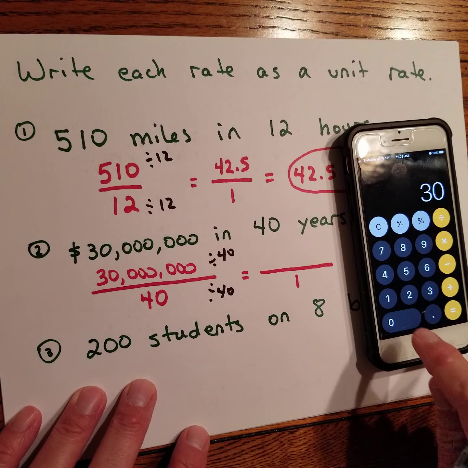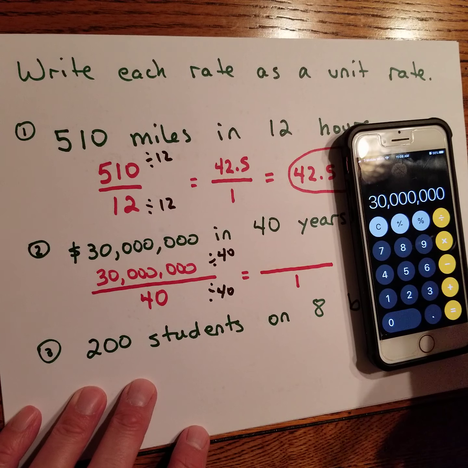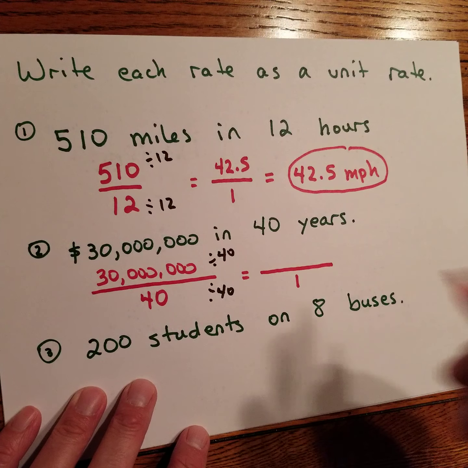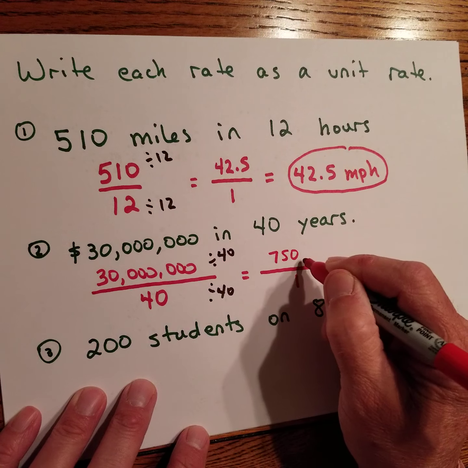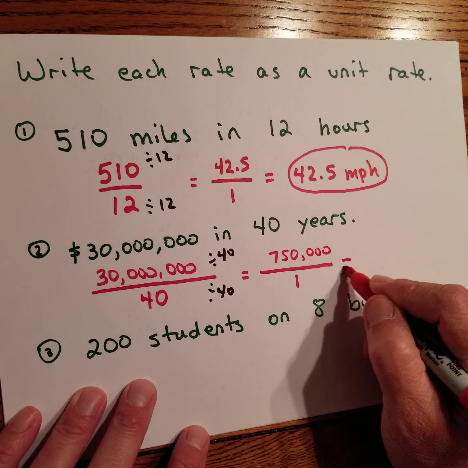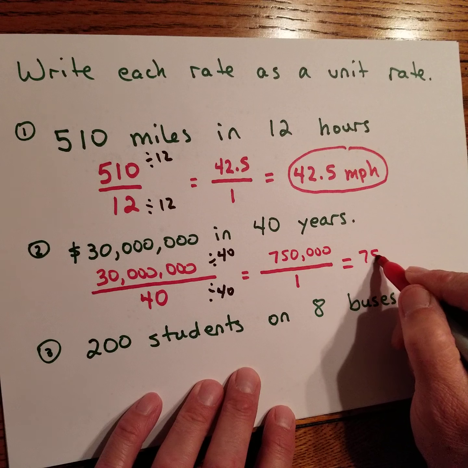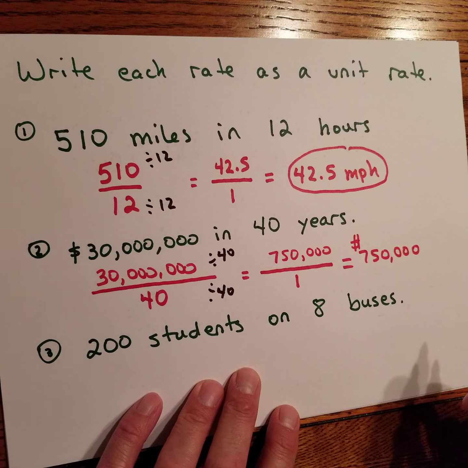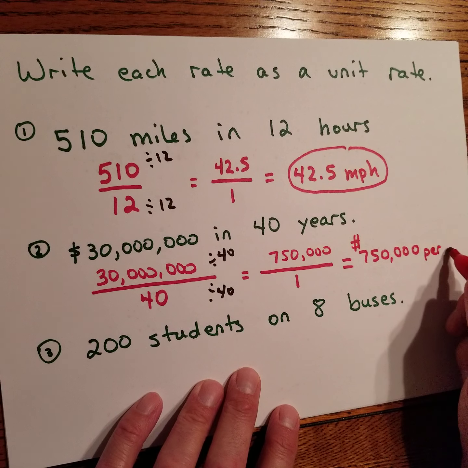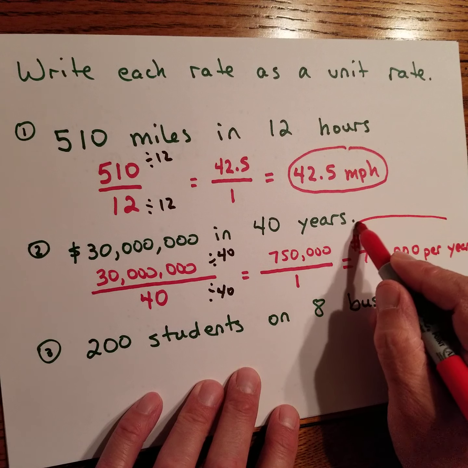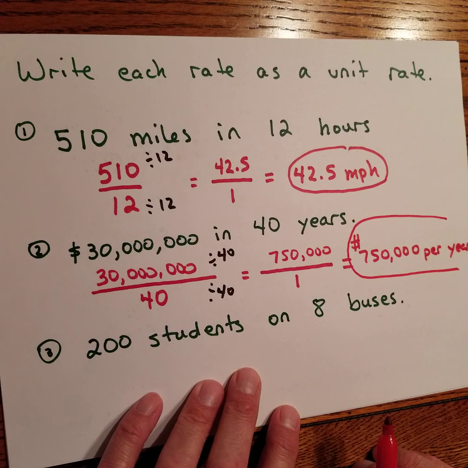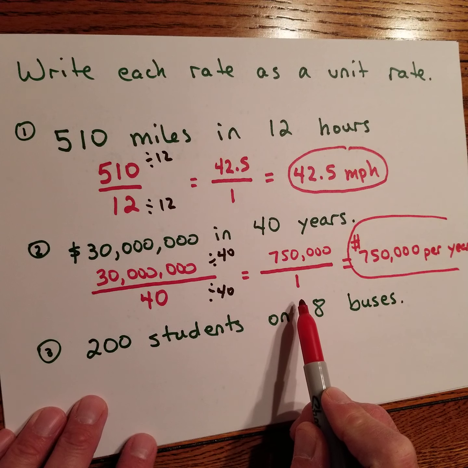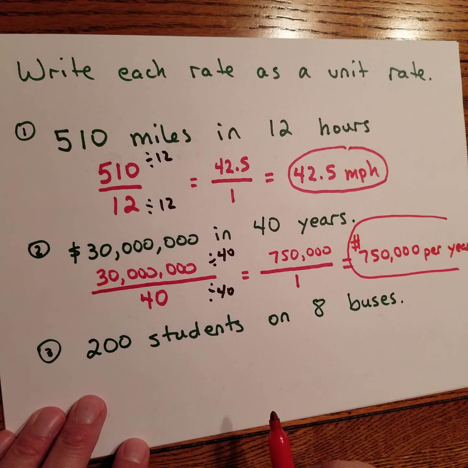And 30 million divided by 40 is 750,000. Let's label that answer. That's $750,000 per year. There's the way to show your homework. Rewrite the problem as a ratio, turn it into a unit rate, then label your answer.